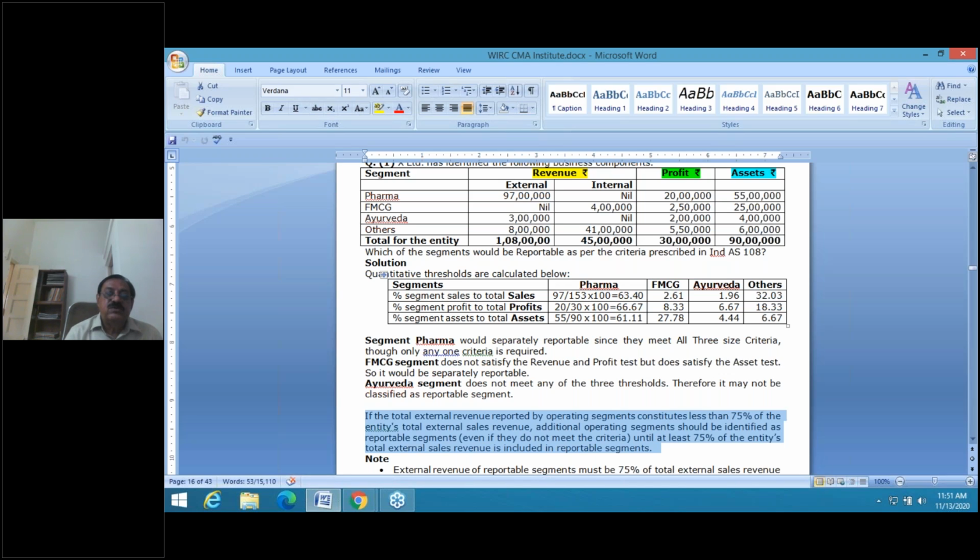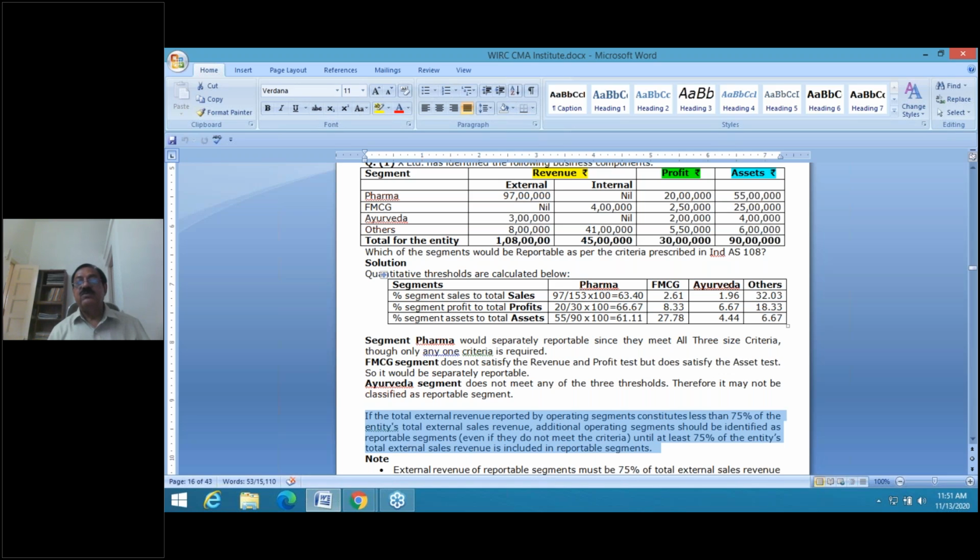Because out of 4, pharma and FMCG, only 2 are identified as per threshold limits. But pharma's sales itself is 97 out of 108 of the company. Obviously, it is more than 75%. So there is no need to add an additional segment, because the fifth condition is also already fulfilled.